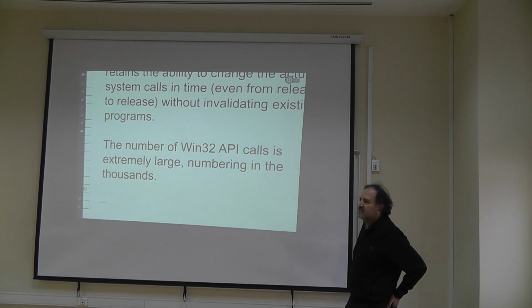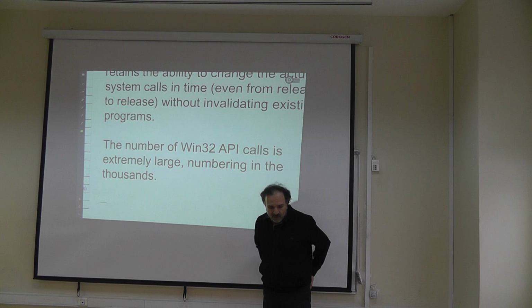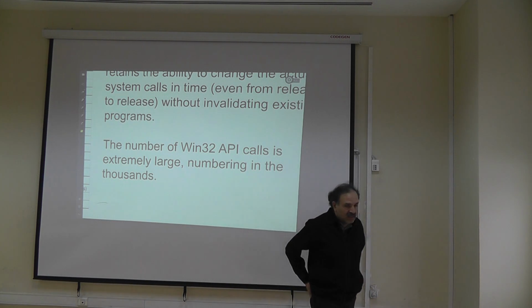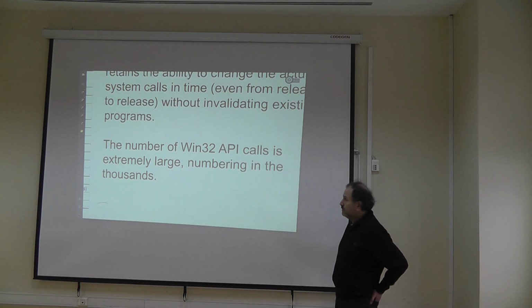POSIX doesn't specify anything about the graphical user interface. All the graphical user interface is done in the user space, not in the kernel space. But for Windows it is done in the kernel space.